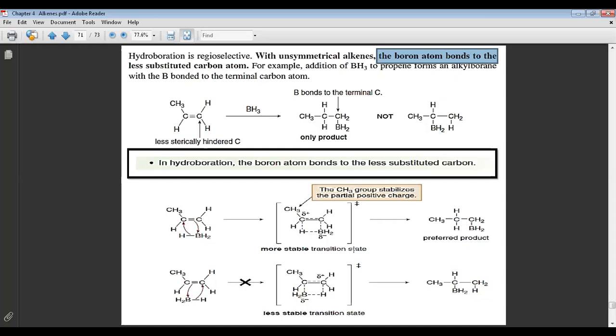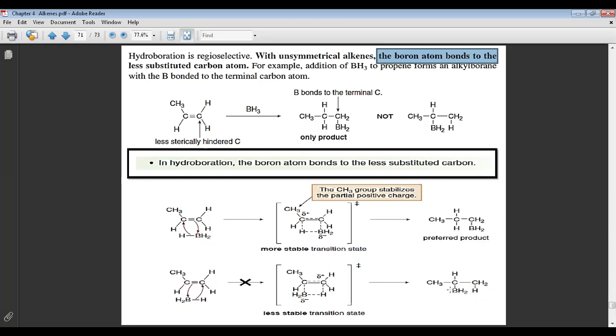But here, if you do it like this, there is no alkyl group on the positive charge, so this transition state will be less stable. The first one is the more stable transition state, and it gives you this product. The reverse does not give this product.